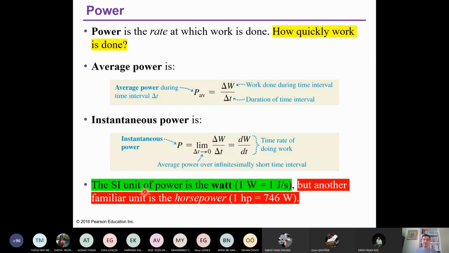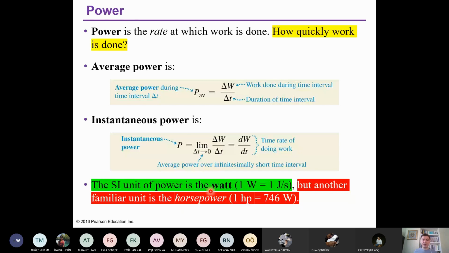So in order to express the power of objects, for example power stations, we have two common units for power. One is watt, which is equal to 1 joule per second. The other one is horsepower. Then let me explain a little bit what is the meaning of how quickly work is done. Here we have a box.